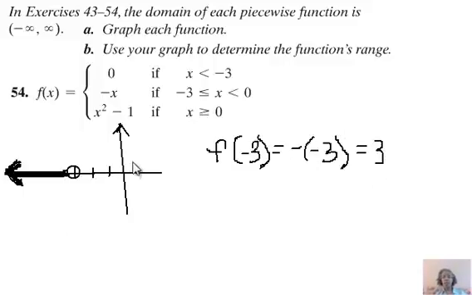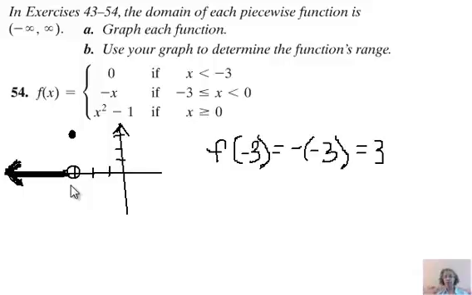So when x is -3, the value of my function is 3. Now this is going to be a closed circle. It would be right above x equal to -3, because x greater than or equal to -3 uses the function -x.